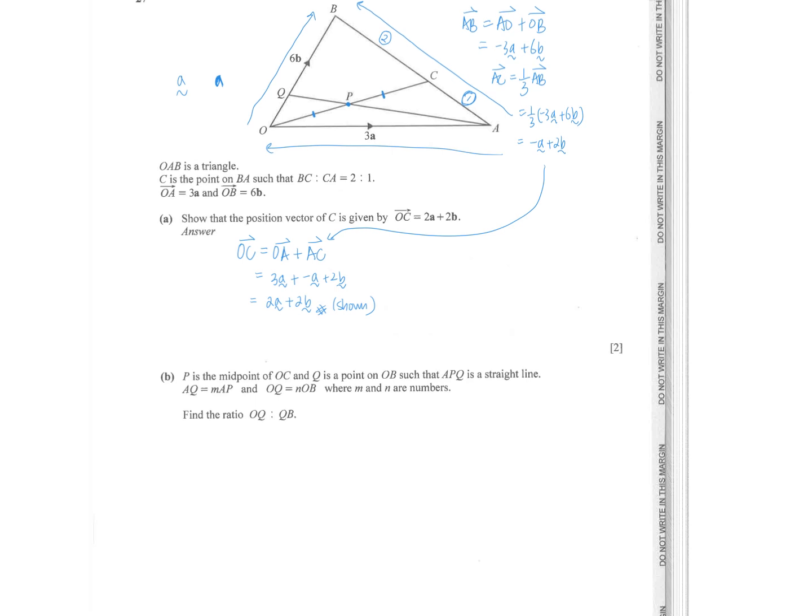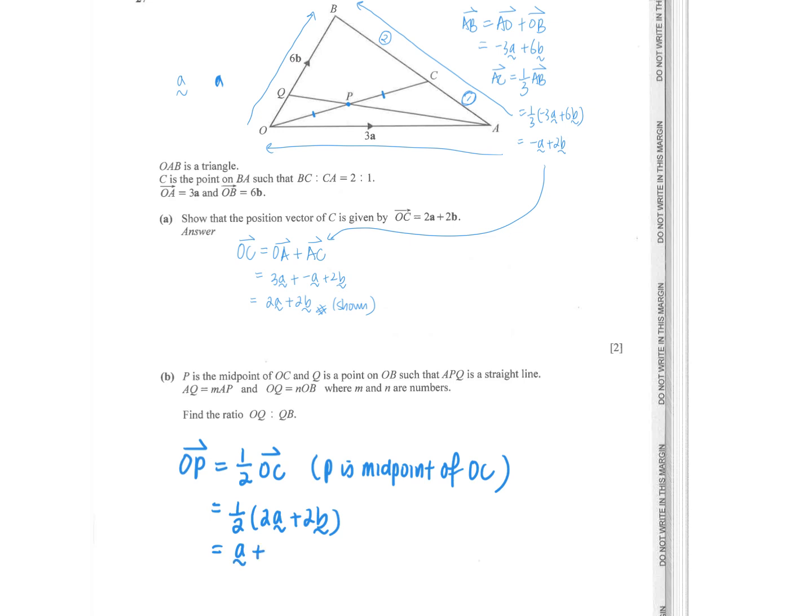So let's go and find OP first. OP is just half of OC because P is the midpoint of OC. It's for you to know what I'm writing, but if you want to write for clarity also can. So half of OC is just A plus B. So this is OP.